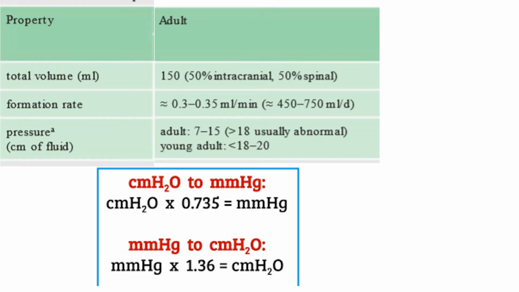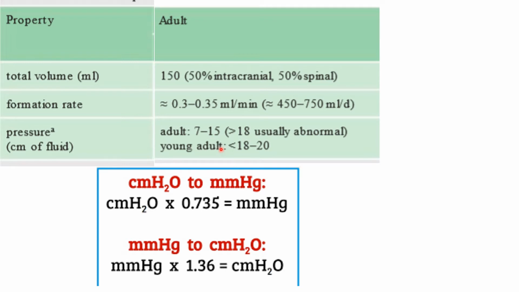Now, as we said before, in an adult there are 150 cc's in the human body, 50% intracranially and 50% spinally. The formation rate is around 0.3 to 0.35 mL per minute, and the pressure in an adult is around 7 to 15 centimeters of water. In patients younger than that, it's around 18 to 20.